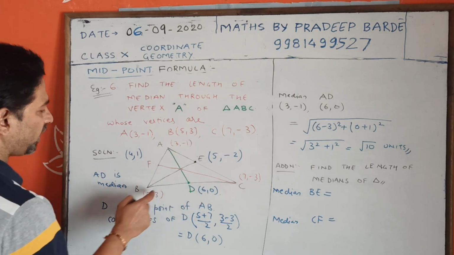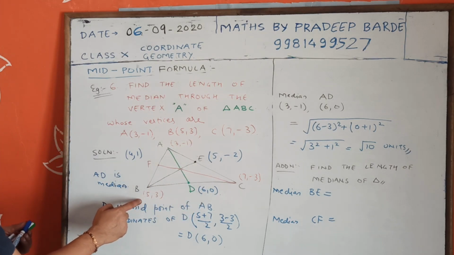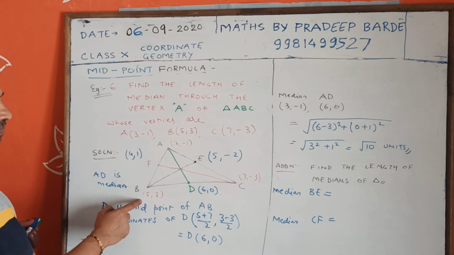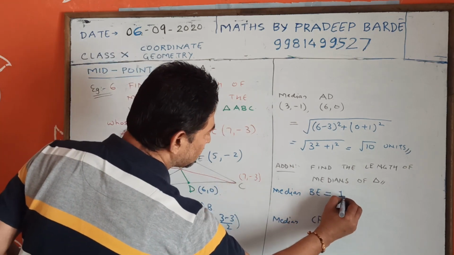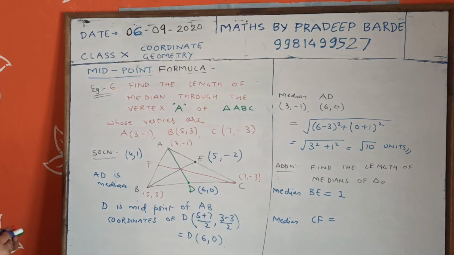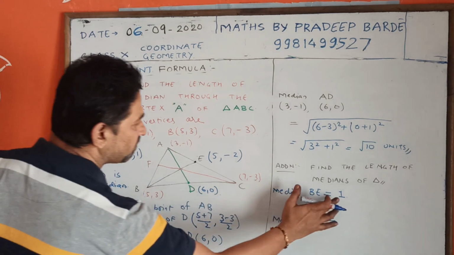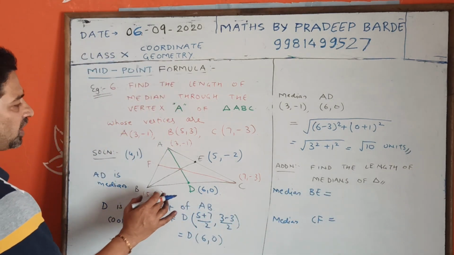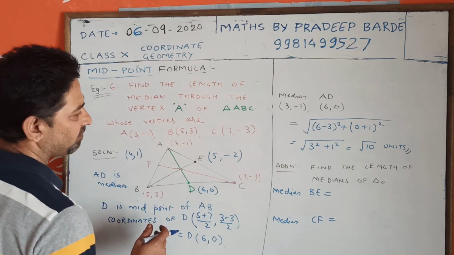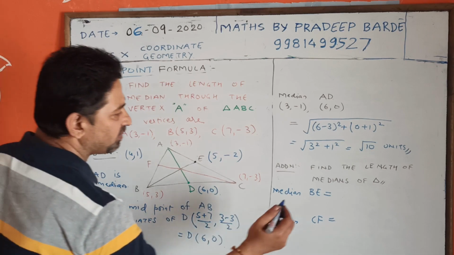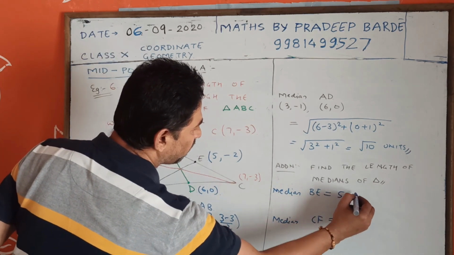BE: (5 minus 5) whole square, 0 square, plus (3 minus (-2)) square. So the length of median BE is not 1; 3 minus (-2), that is 3 plus 2, 5. So under root 5 square, that will be 5 units.